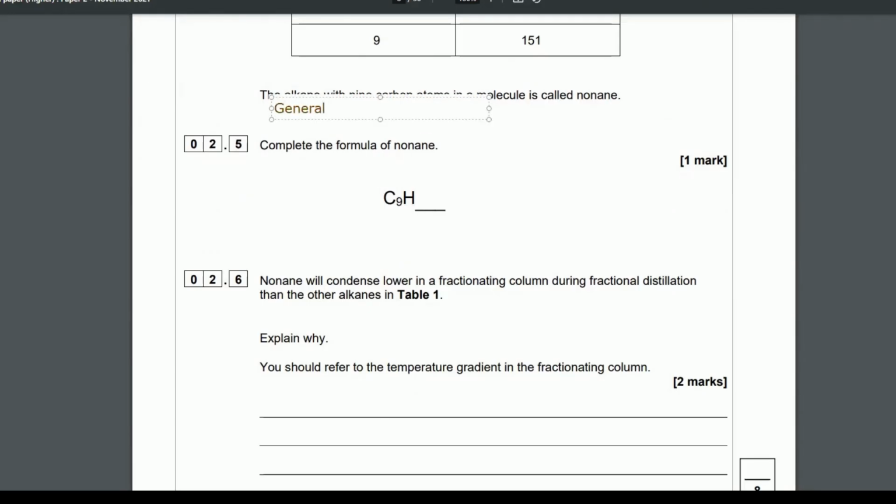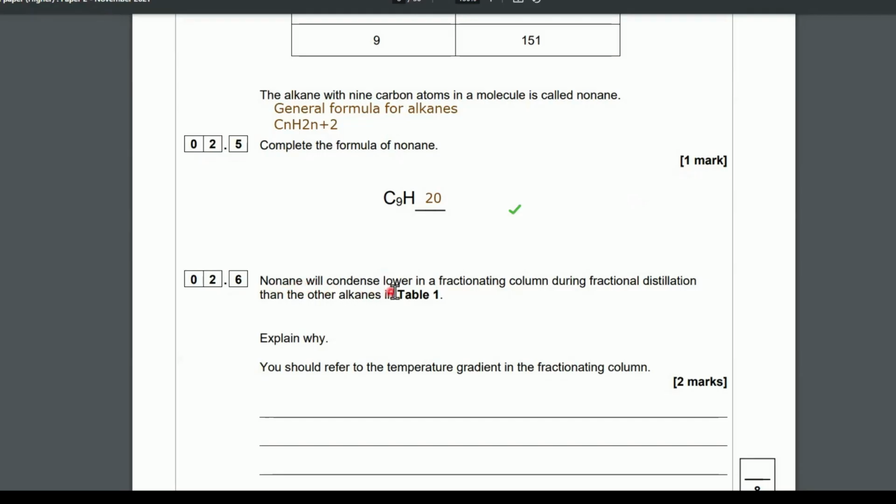You should revise it, use revision cards. The general formula for alkanes, hopefully you guys all know it, CnH2n+2. So we're going to use that. So what does that mean? That means that here n is 9. So H must be 2 times 9 plus 2. And that is going to give us 20. Okay. Lovely jubbly. Moving on.